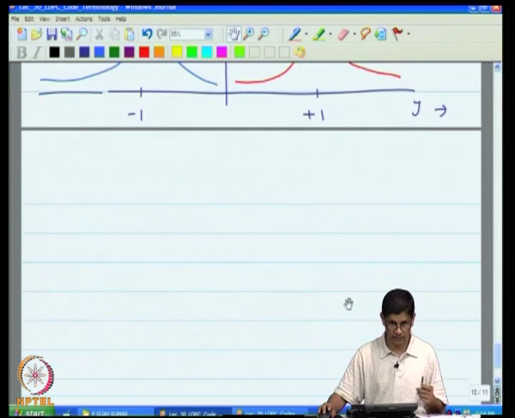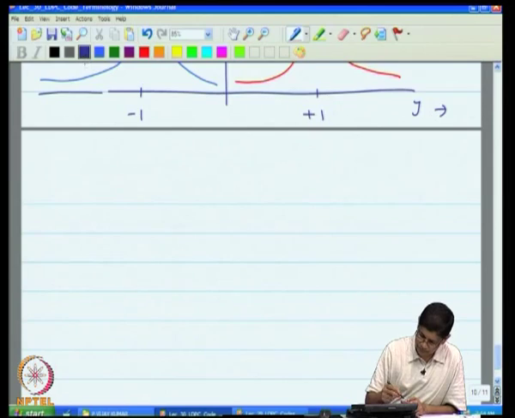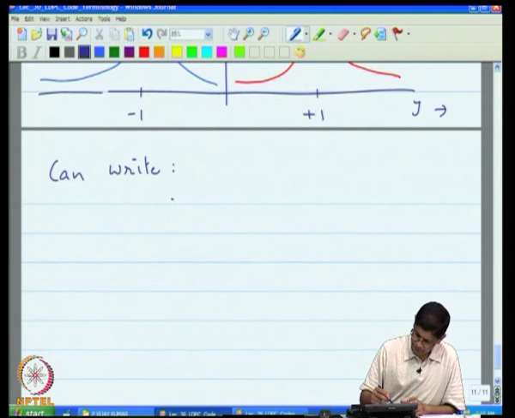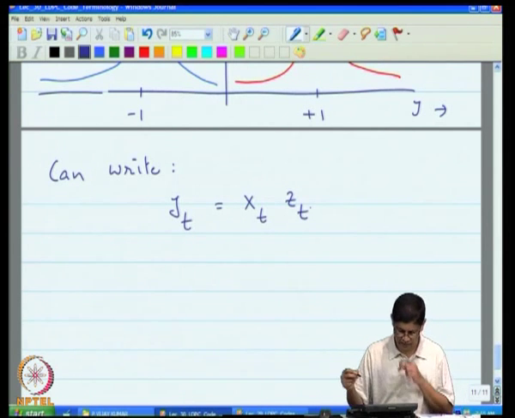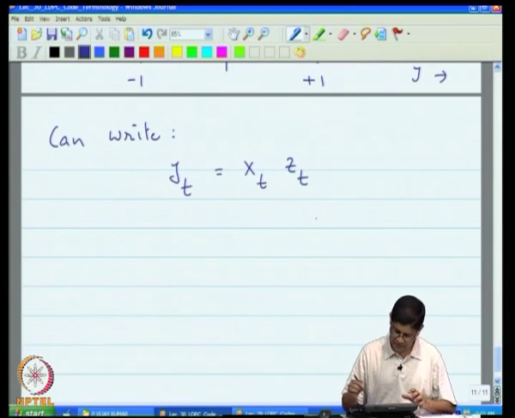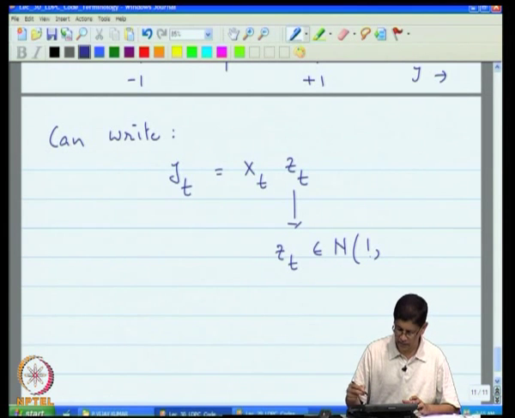Now, here again the interesting thing is that this is the customary representation, but again you can give it a multiplicative representation, because you can write y of t as being x t times z t, where z t is normally distributed with mean 1 and variance sigma squared.